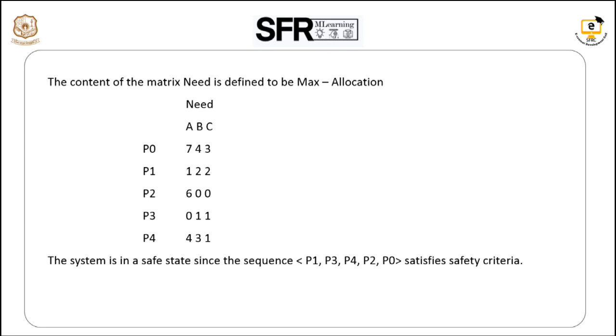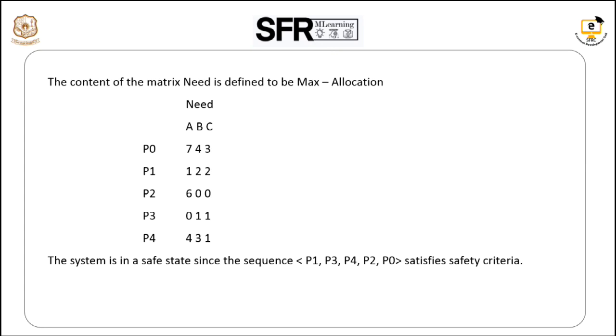Now we are going to find the need, max minus allocation. The need value of process P0 is 7 4 3, P1 1 2 2, P2 6 0 0, P3 0 1 1, P4 4 3 1.